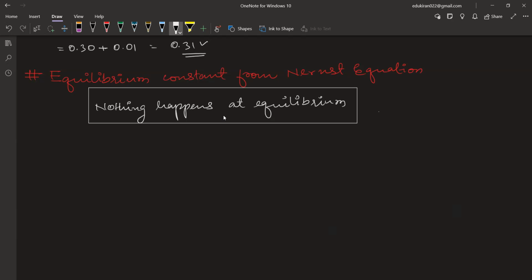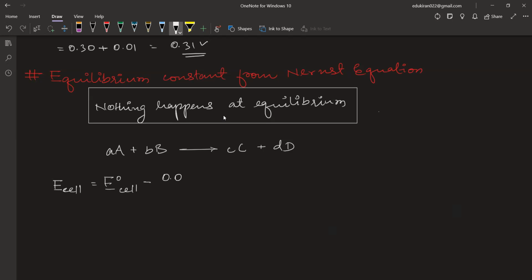So if we have a general reaction such as aA plus bB giving you cC plus dD, and we say that let us do this reaction in order to get electricity and so on. Now I can write the E cell using the Nernst equation as E naught cell at, let us say, 298 Kelvin.